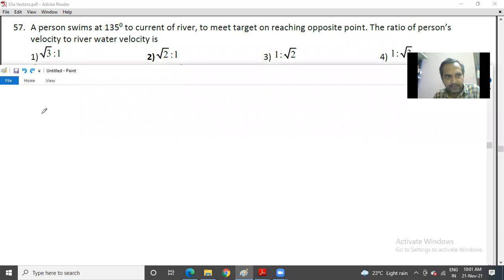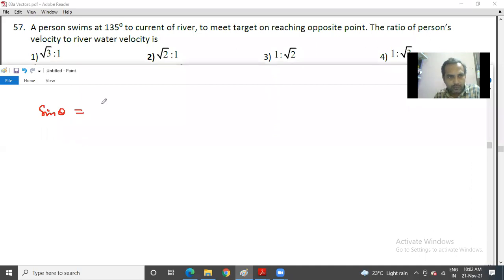So in that case, you will get sine theta is equal to VRG by VBR.